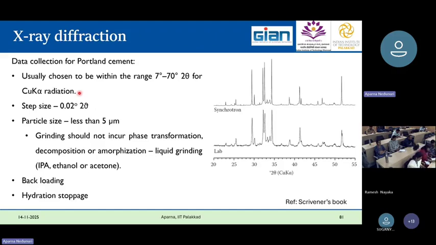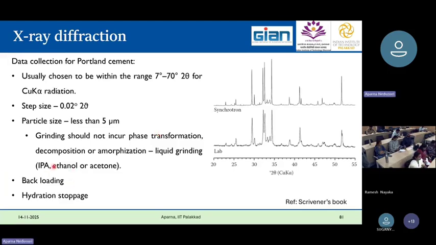The step size will determine the majority of things, and it can be maintained at 0.02 degree 2 theta. It is also preferred to have particle size less than 5 micrometers, but to maintain this or a finer particle size, we should not grind extensively, because extensive grinding will also lead to phase transformation.